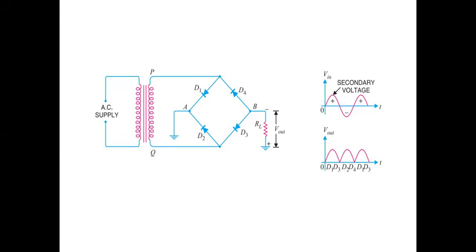We derived some equations: the DC current, RMS current, average DC voltage, RMS input voltage, rectifier efficiency, and regulation. All are discussed for the half-wave rectifier as well as the center tapped full-wave rectifier.